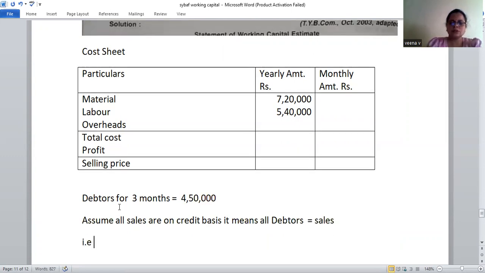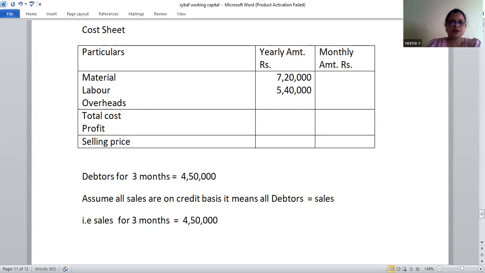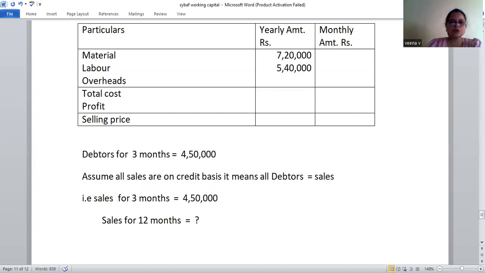So sales for 3 months equal to 4,50,000. Now we can easily find out sales for 12 months. Sales for 12 months equal to how much? By the rule of cross multiplication, 4,50,000 into 12 divided by 3.